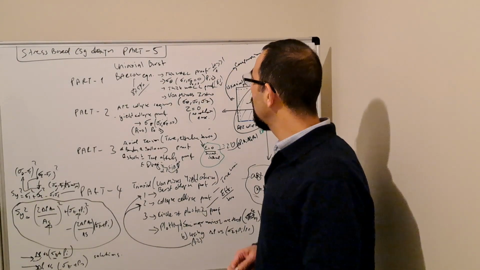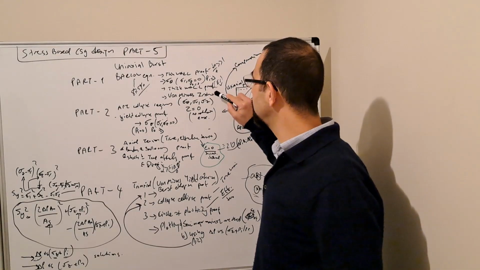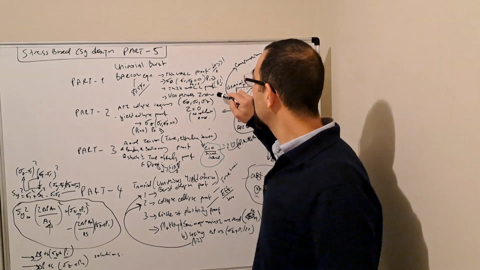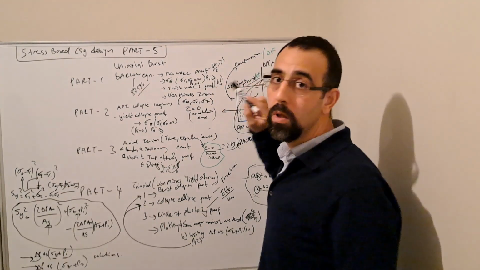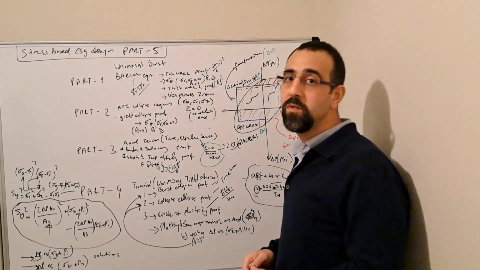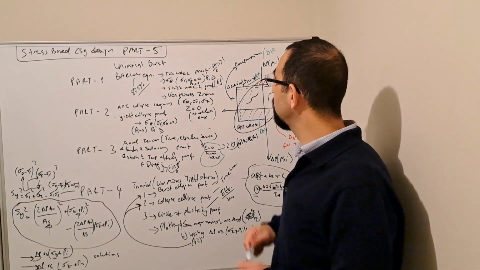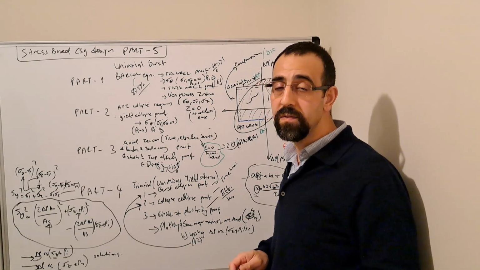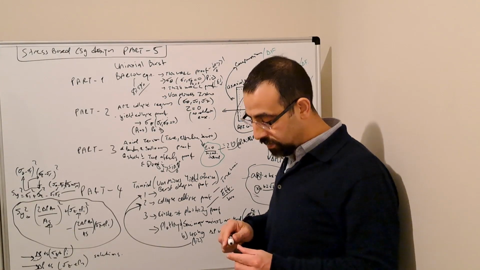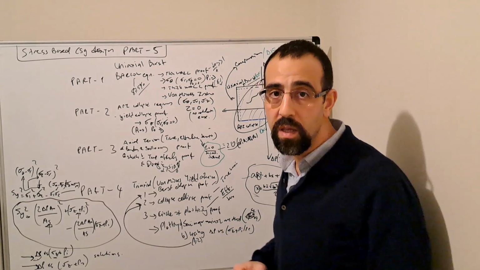Then we did an introduction into the von Mises yield criterion, and we used that to do a thick wall proof of the uniaxial burst setting. How did we do that? This time we assumed that there is a radial stress, and we know that it yields at the inner wall.